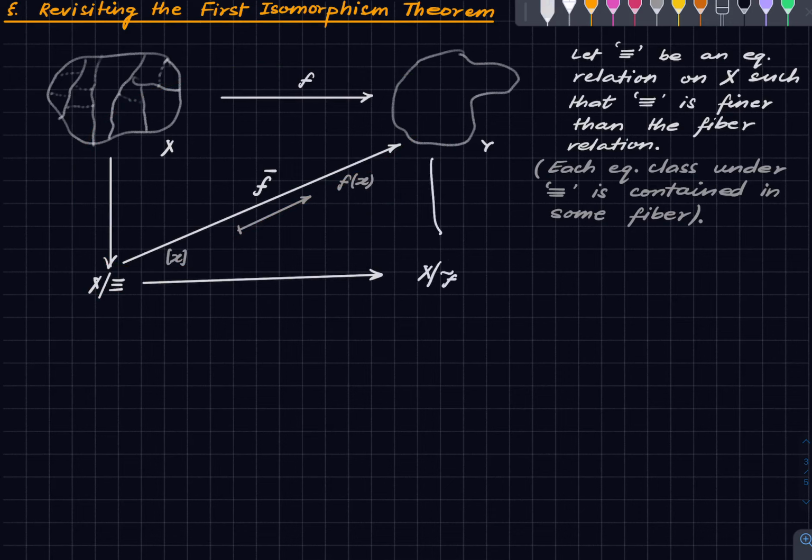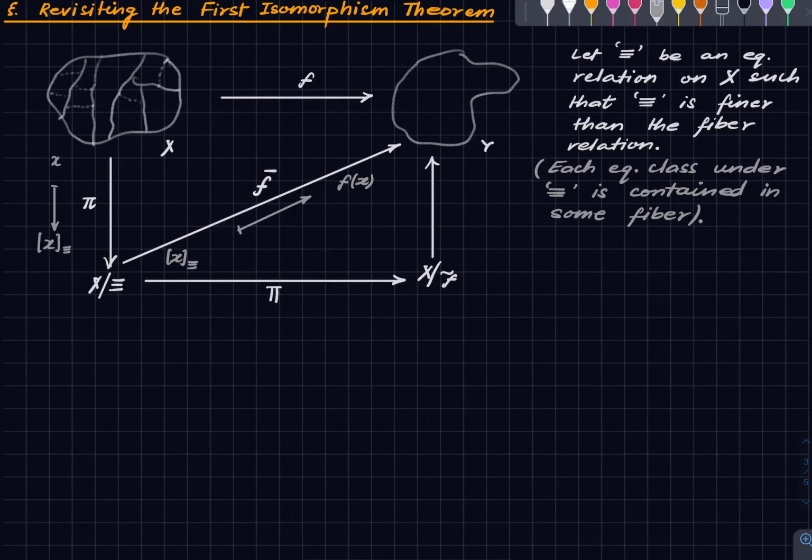And if you think about it, this further factors through this object where this vertical map is the natural projection map, and this horizontal map is also natural projection in some sense. I will talk about it. So the vertical map pi sends X to its equivalence class under tilde. Maybe I'll decorate it with a subscript just so that there is no confusion.